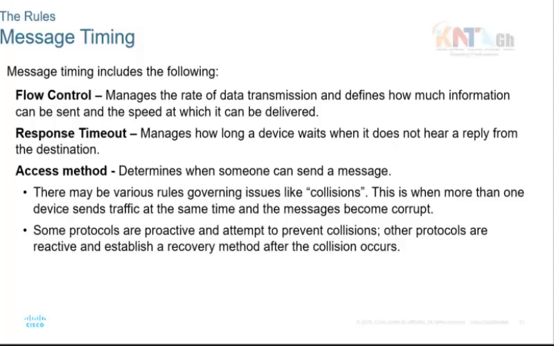So some protocols are proactive and attempt to prevent collisions. Other protocols are reactive and establish a recovery method after the collision occurs. So we have rules that prevent data corruption, and we also have rules that establish recovery after the collision has occurred.